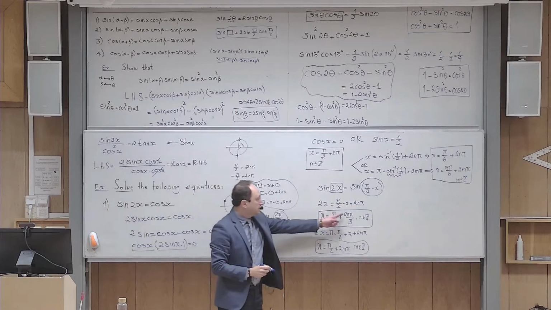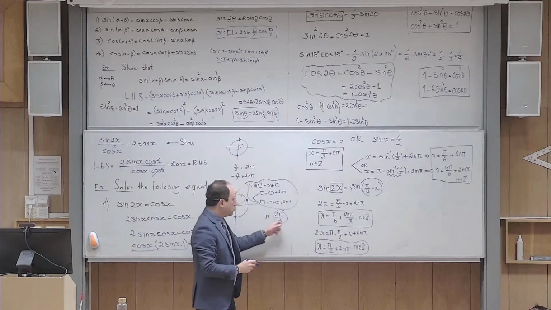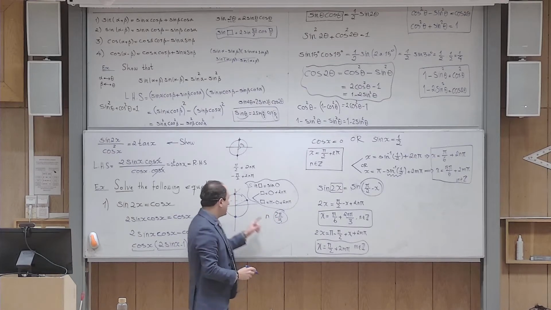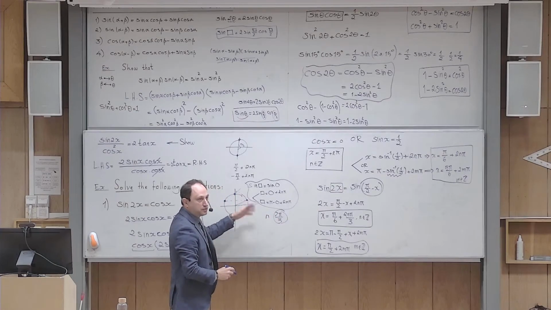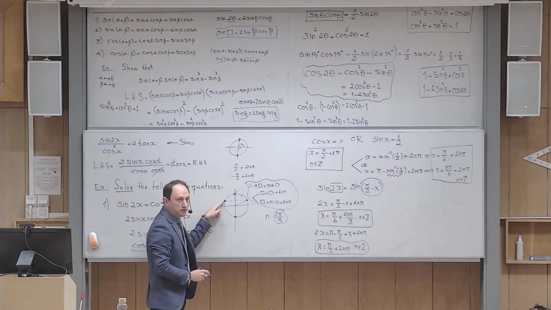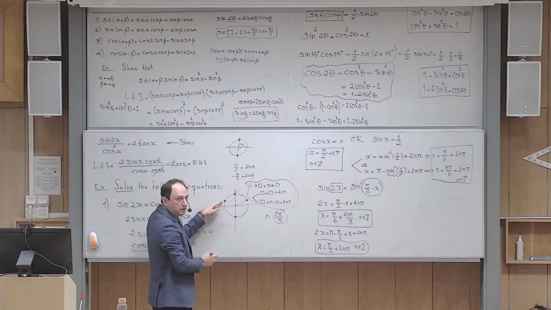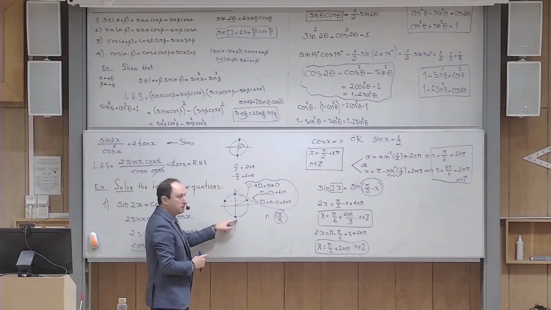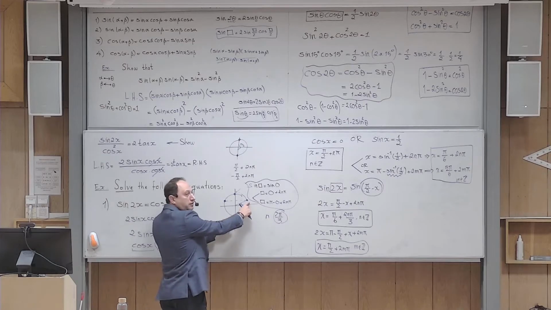But when I start increasing n, I am going 120 degrees at a time. So if I add 120 degrees to 30, I will end up with this one, which is 150. And then I add 120 degrees again, I will end up at 270. And if I add 120, I will reach back to this one.